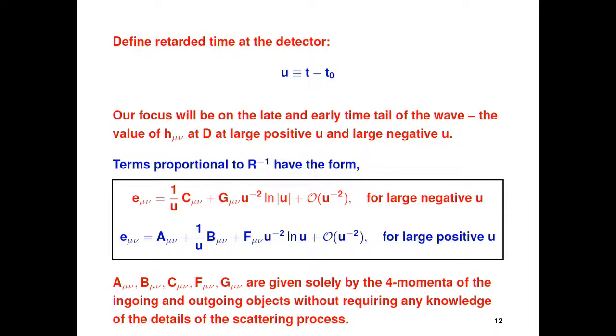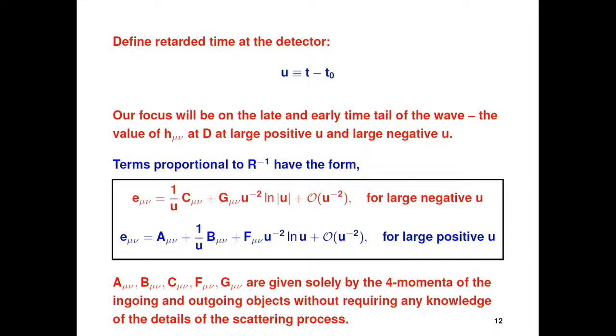Before the bulk signal reaches, the h mu nu starts building up, and the result is that the h mu nu has an expansion of this form. The leading term goes as 1 over u times some constant, then the next term goes as 1 over u square log u times this constant, and then there are other corrections. And similarly for the far future, h mu nu has a constant piece, then there is a 1 over u piece, then there is a 1 over u square log u piece, and so on.